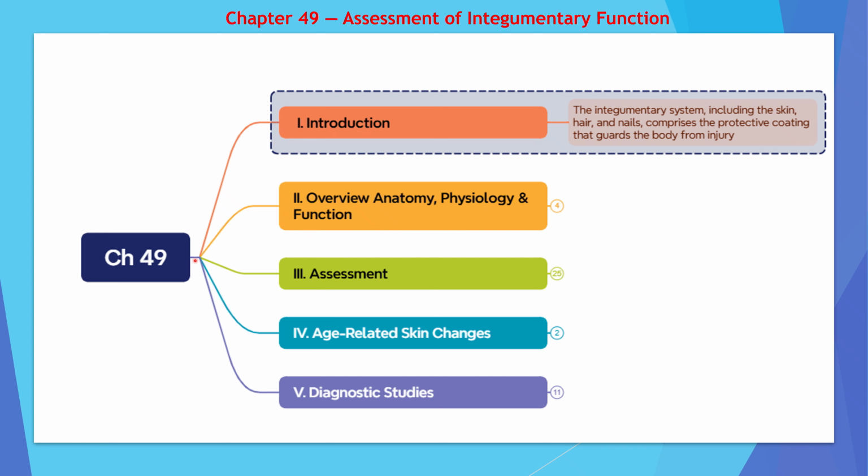Part 1 is the key terms, those fancy words that I can barely pronounce. And then the outline is very complicated because they go into great detail in assessment, diagnostics, and age-related skin changes, and they go back and forth, even if they categorize it like this.